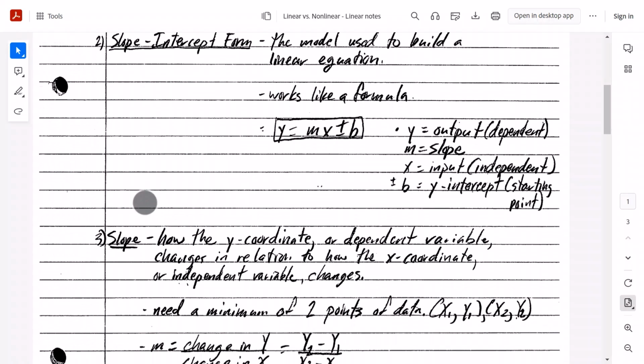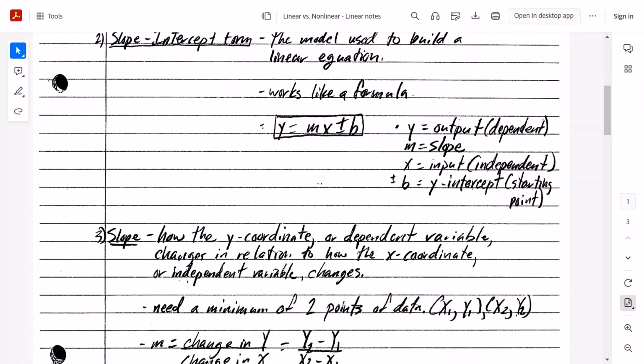All right, I call it y equals mx plus or minus b, because sometimes it's going to be plus b, sometimes it's going to be minus b. All right, and here's why. Each of these four letters, y, m, x, and b, they all represent something that you need for your graph. Okay, so let's just go left to right. Y is your output.